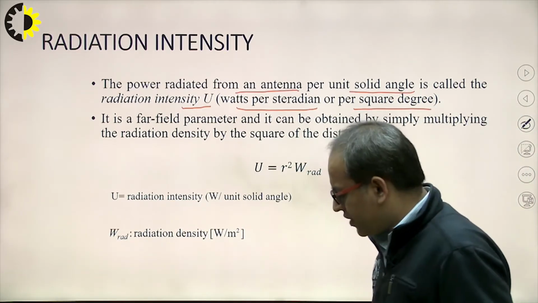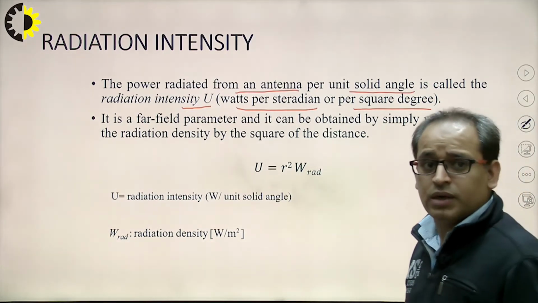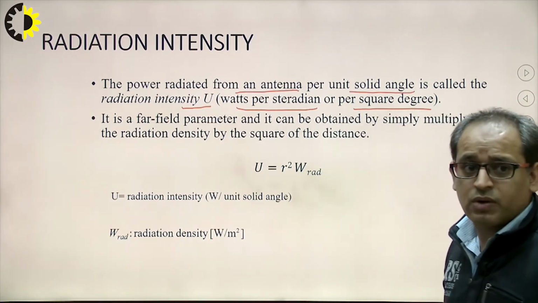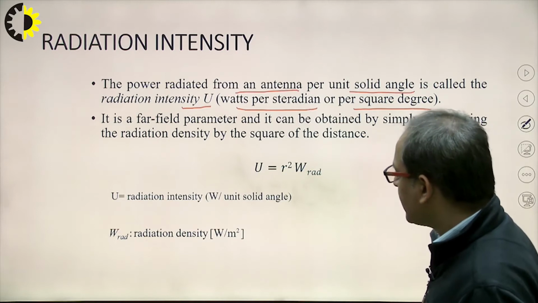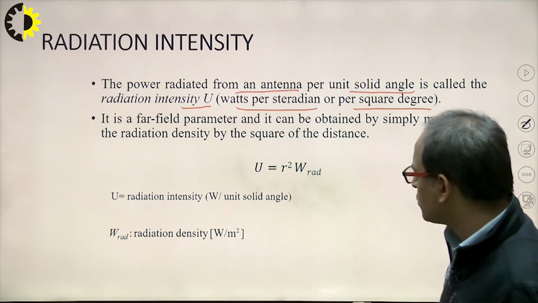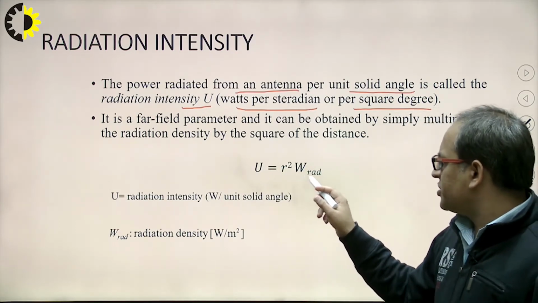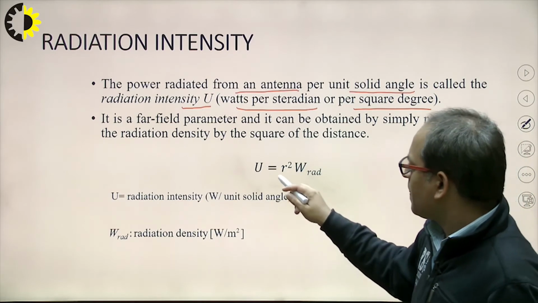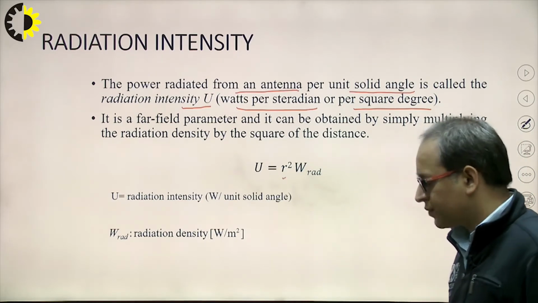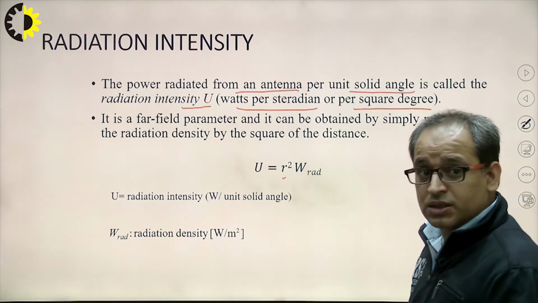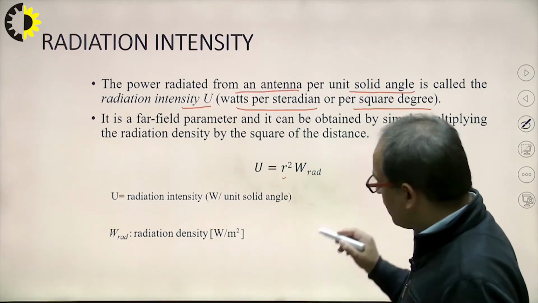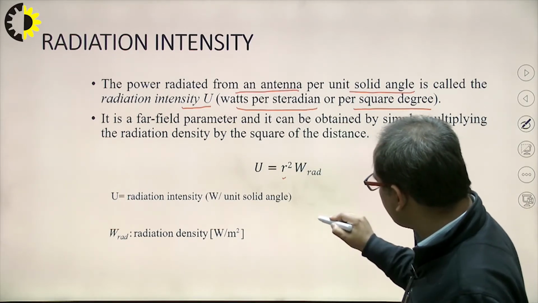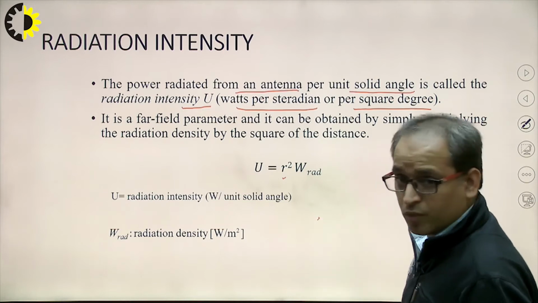The radiation intensity can also be defined in terms of the radiation density: radiation intensity equals radiation density multiplied by r square. Here r is the distance of the observation point from the origin.